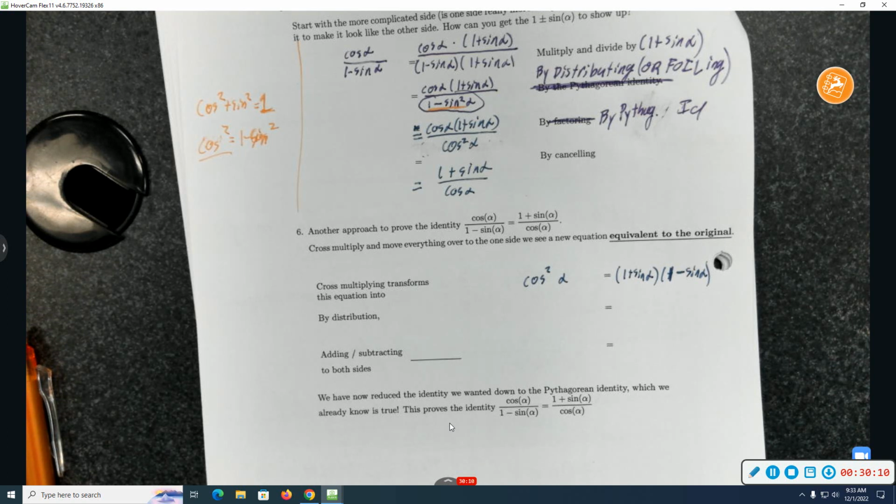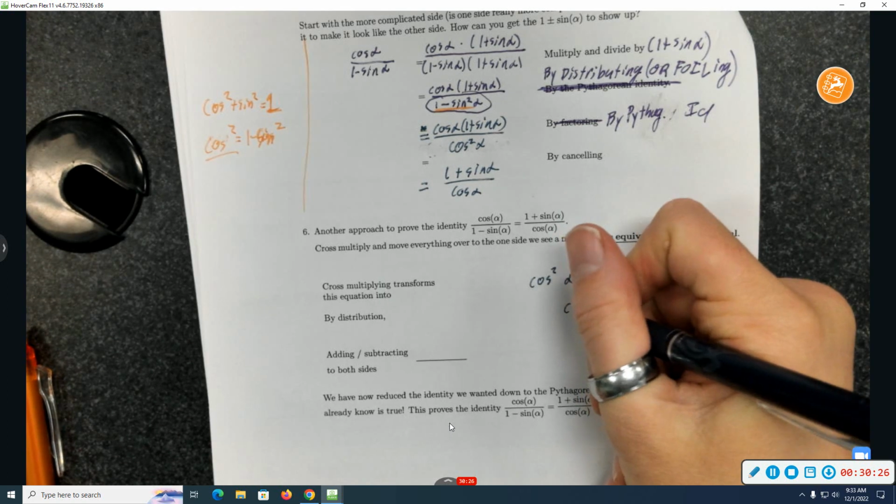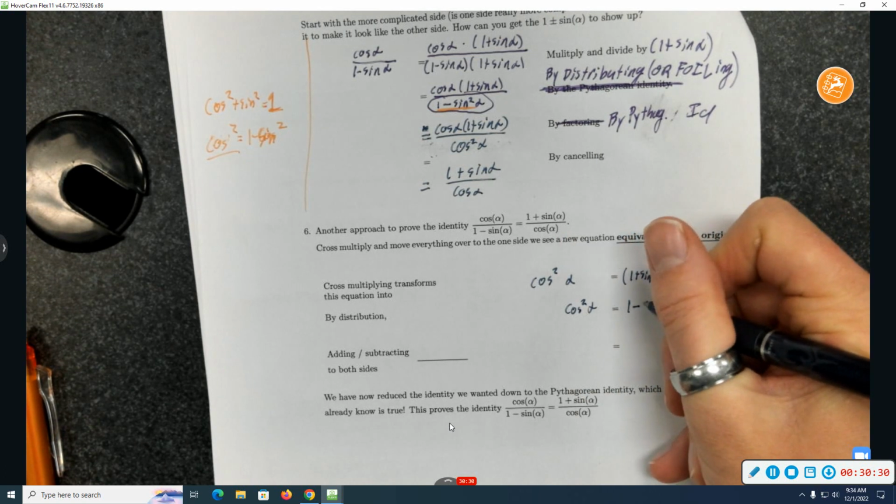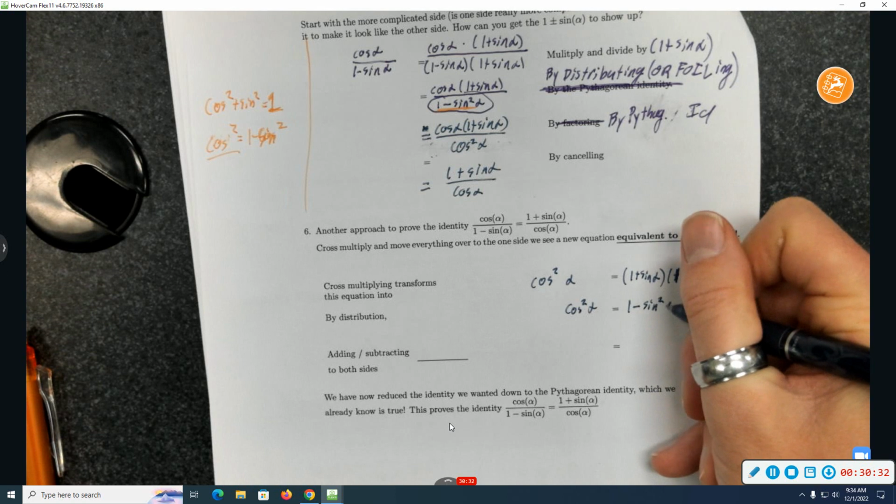Let's write down what it's equal to in simpler terms. I guess that means distributing or foiling, depending on which one you like better for the situation. Oh, shoot, by the difference of squares formula you could write it. So let's leave the left-hand side alone for now. Cosine squared alpha equals 1 minus sine squared alpha.